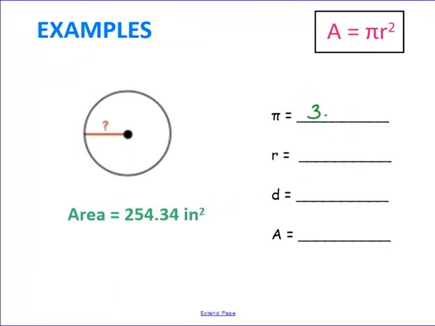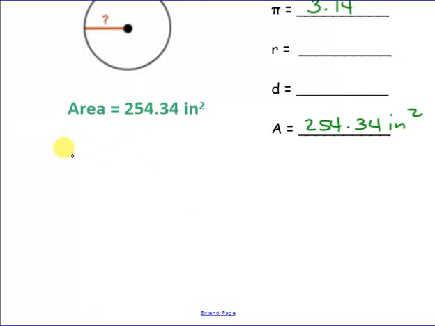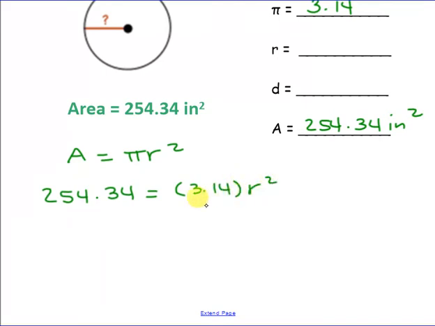Okay, let's look at another example of that. So again, pi is 3.14, and this time our given area is 254.34 inches squared. So again, I'm going to start with the formula: A equals pi r squared. I know that the area is 254.34 equals, I know that pi is 3.14 and I do not know the radius and it's squared.